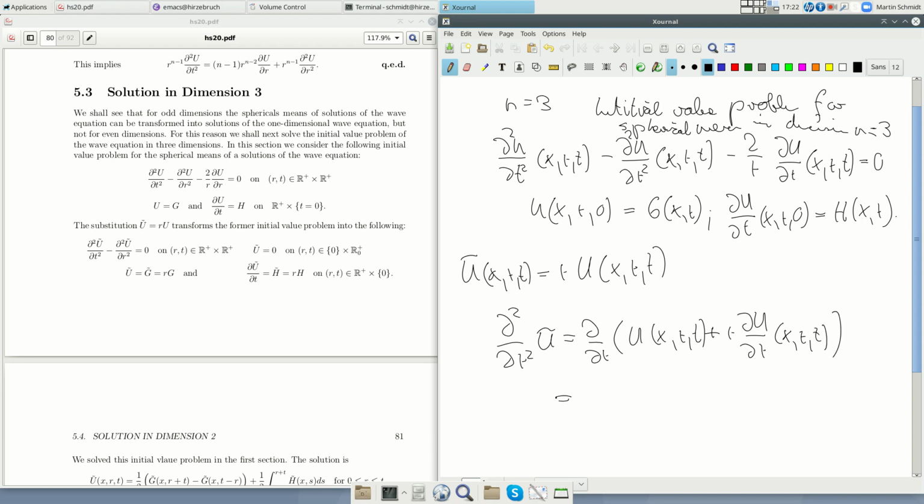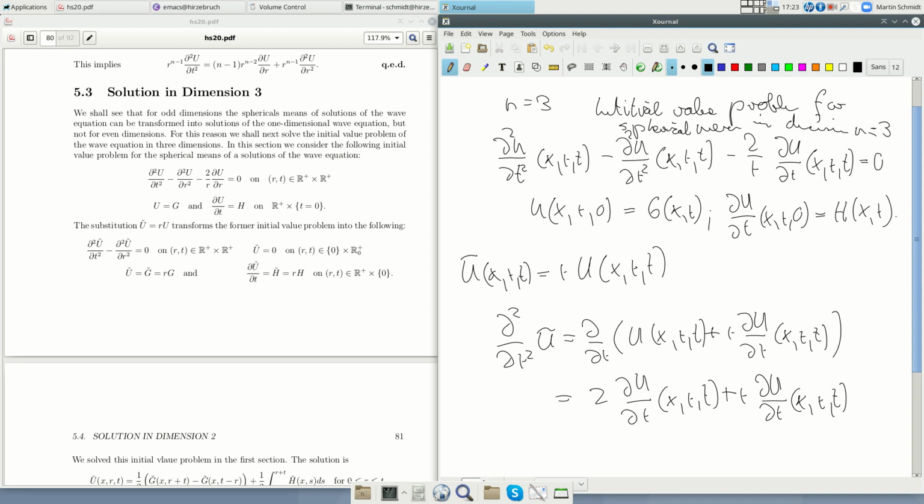Now do the second derivative. Then we get two terms: 2 times du by dr of x, r, t, and as the second derivative we only get one term, r times d square u by dr square of x, r, and t.